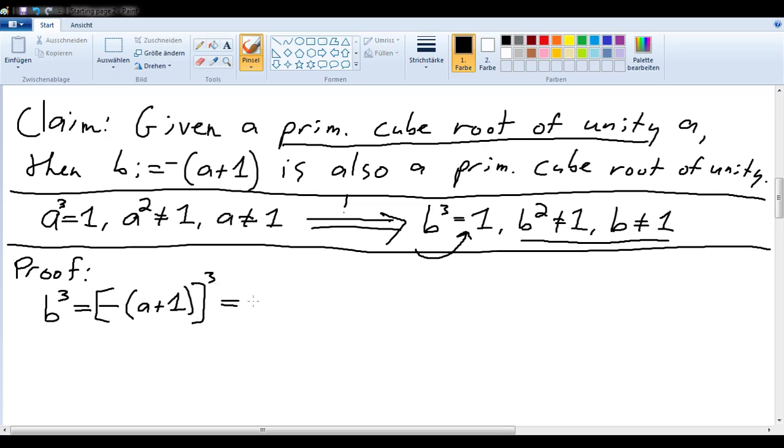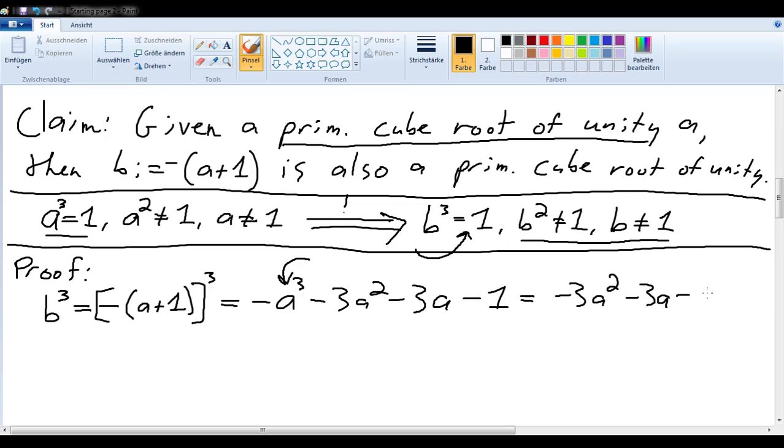And if we multiply that out, we get negative A to the third minus 3A squared minus 3A minus 1. At this point, we can sub in for the A to the third because we know that that's equal to 1. So we end up with a negative 1 there. So that gives us negative 3A squared minus 3A minus 2. Although it looks so nice here that I have negative 3 and a negative 3 and almost a negative 3, I'm going to write a negative 3 there and then just add 1.